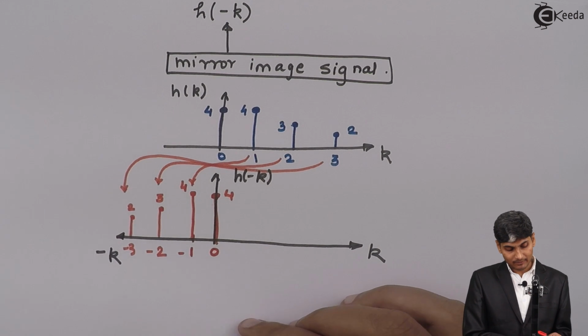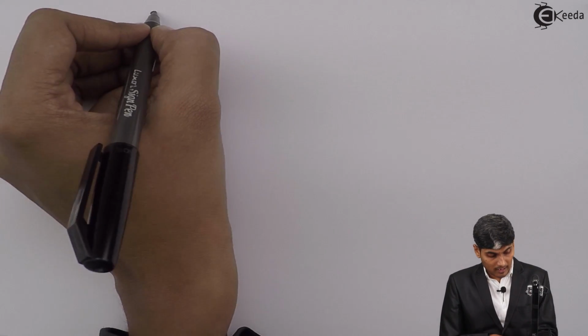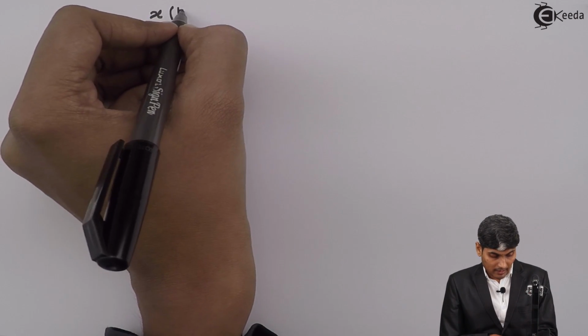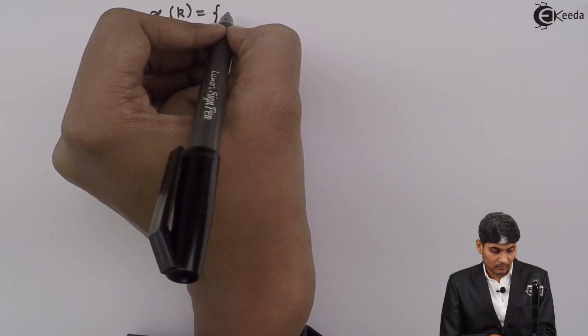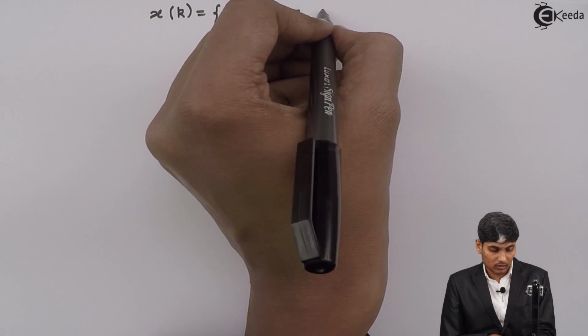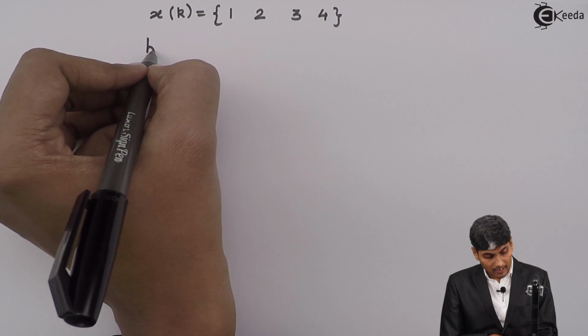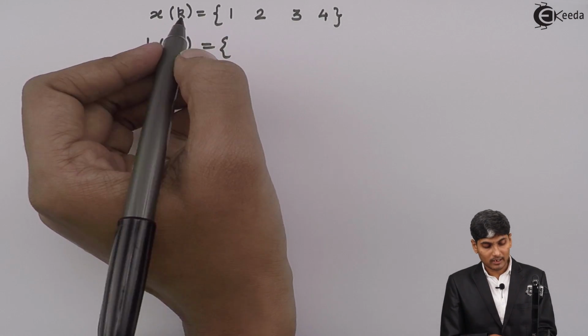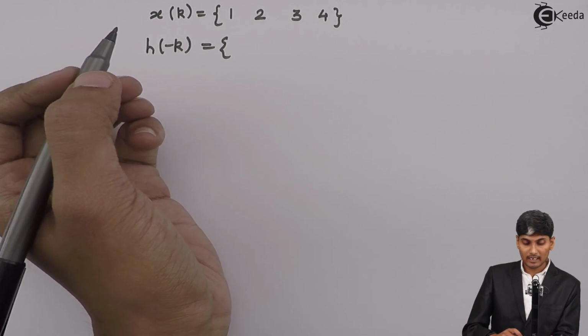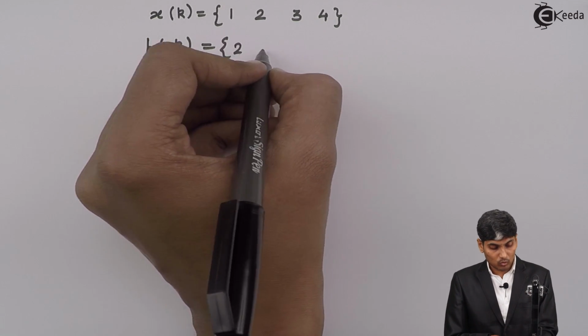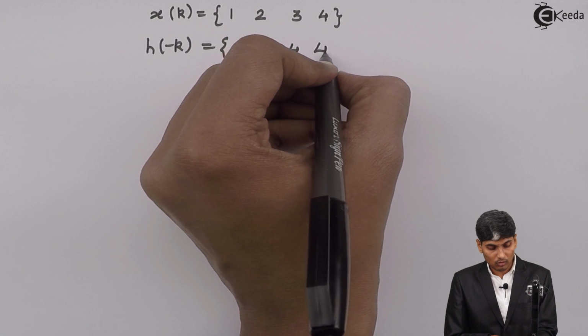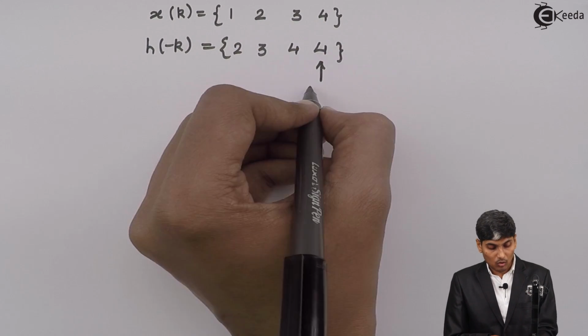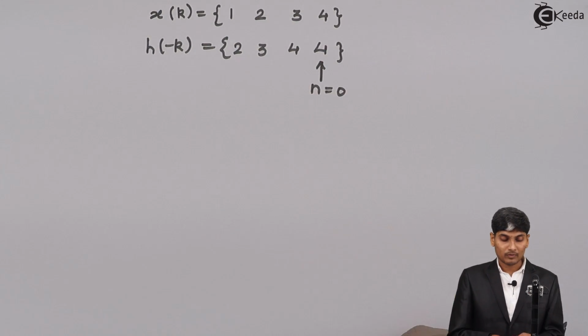So, now I have my mirror image ready, I have my original signal ready. So, I have x of k ready as 1, 2, 3, 4. I have h of minus k ready, which is equal to, now I have to count it as 2, 3, 4, 4 with this as my origin, that is n is equal to 0.